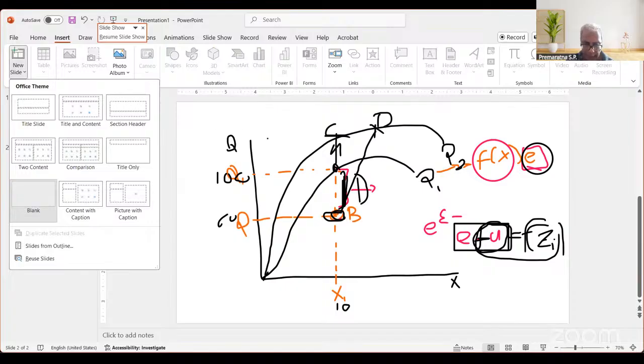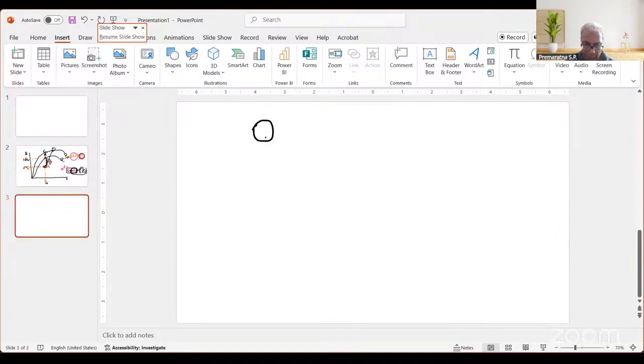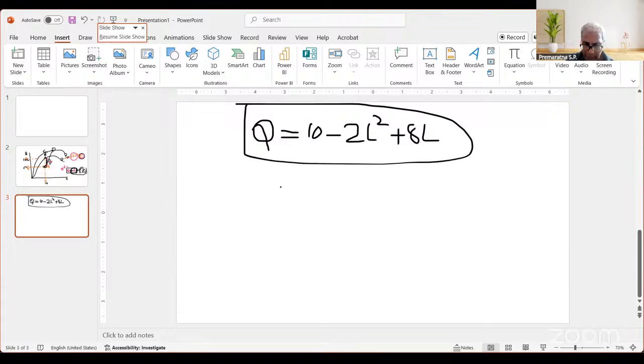Like here, for example, I can give a production function like that. This is some kind of production function like that. Then you should be able to find this is the short-term production function because there is no capital here.